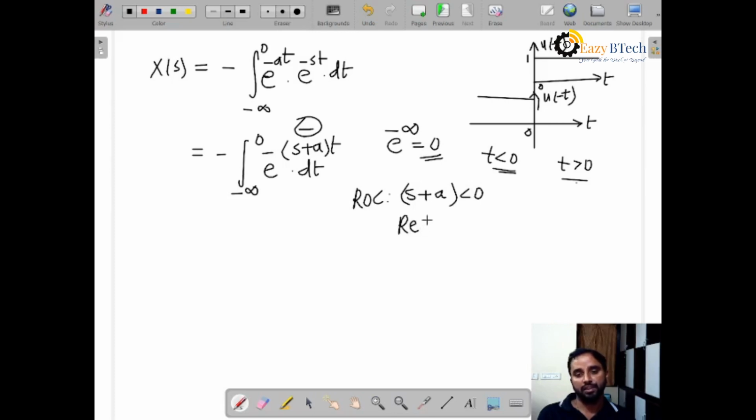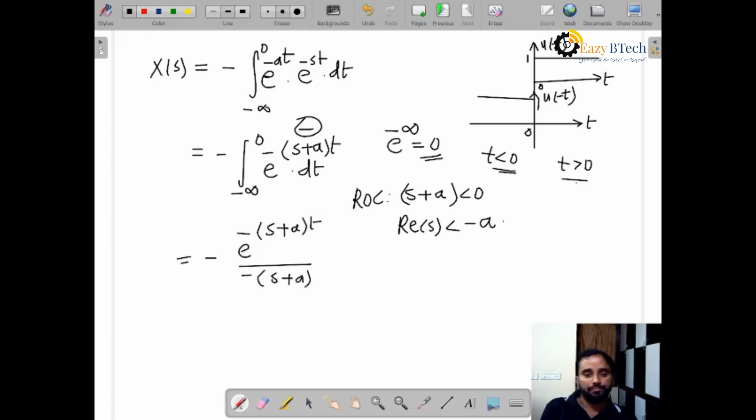So in S, the real part of S is less than minus A. Real part of S is less than minus A. So this is the ROC. Then we go for integration: e power minus of (S plus A)t divided by minus of (S plus A), and limits are from minus infinity to 0.